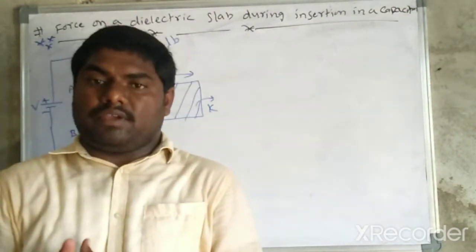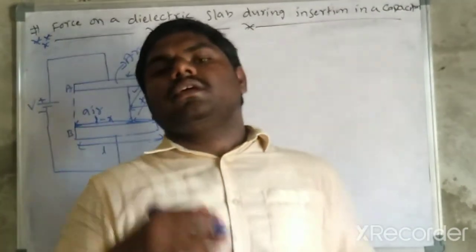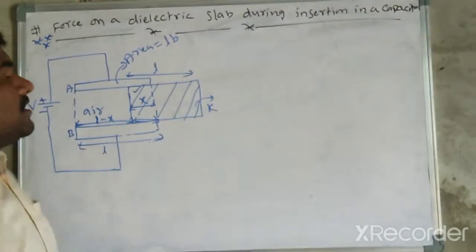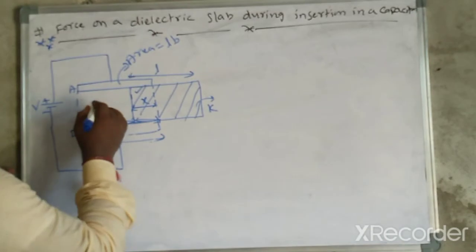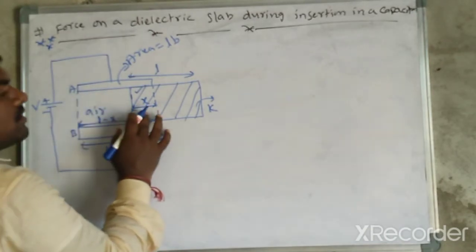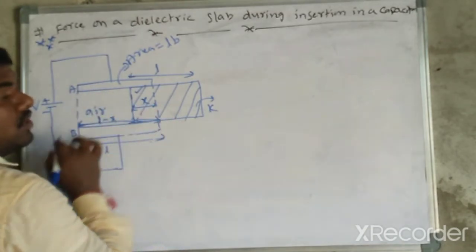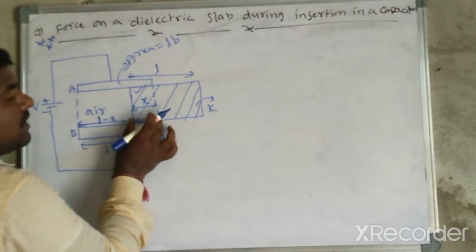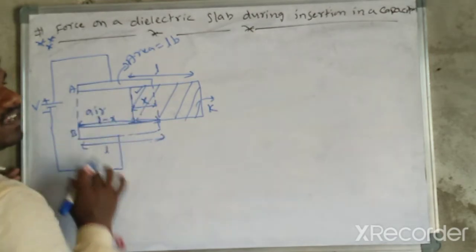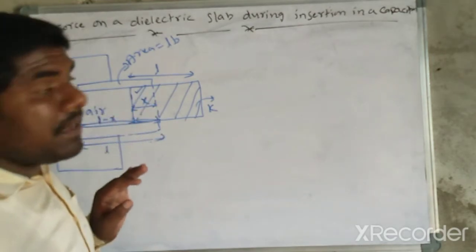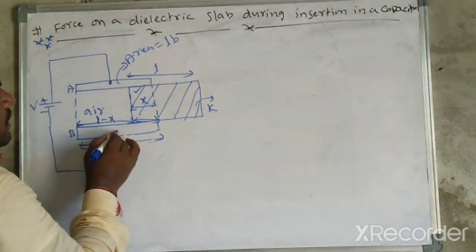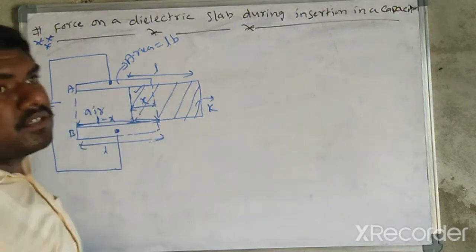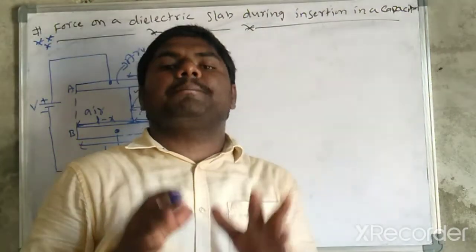How to identify, we already discussed in previous classes, but I will explain one more time. This air and this dielectric slab of length x are connected in parallel. Why? Because the potential at the two ends is the same for the air and for the dielectric. That's why it is a parallel connection.